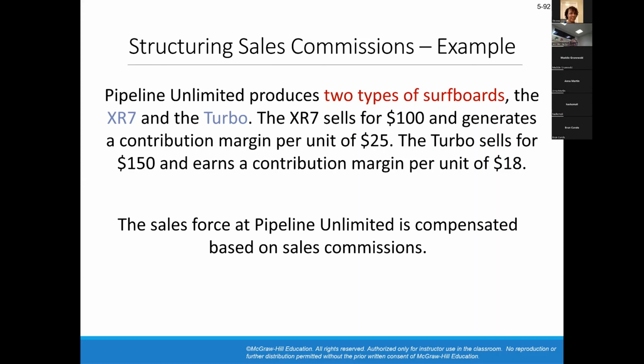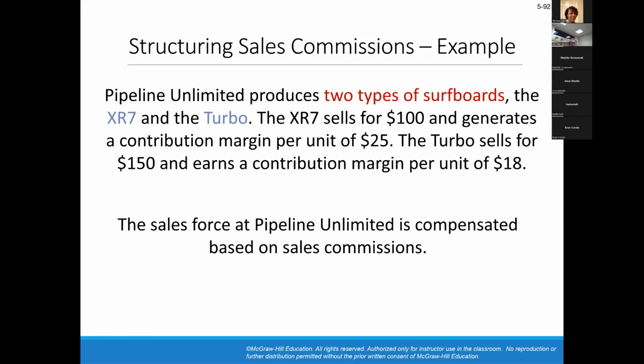So if you are a sales rep that's getting paid commission on a percentage of sales, you may be motivated to sell the product that has a higher sale price. However, it may not be in the best interest for the company because the margin is lower.